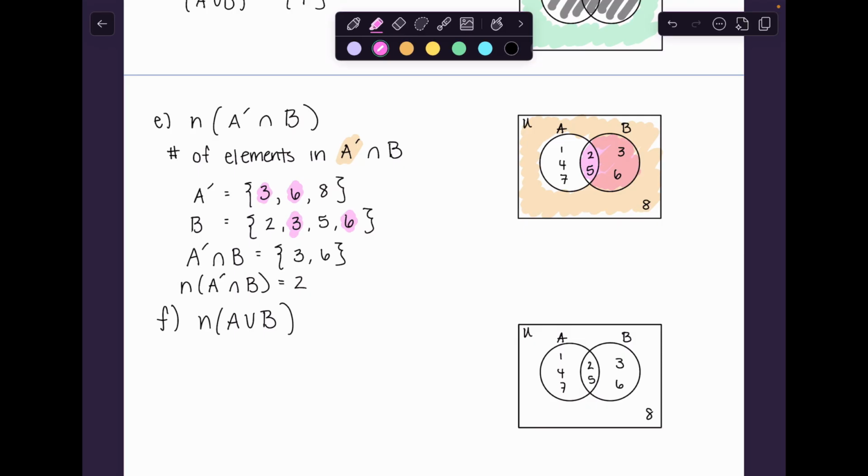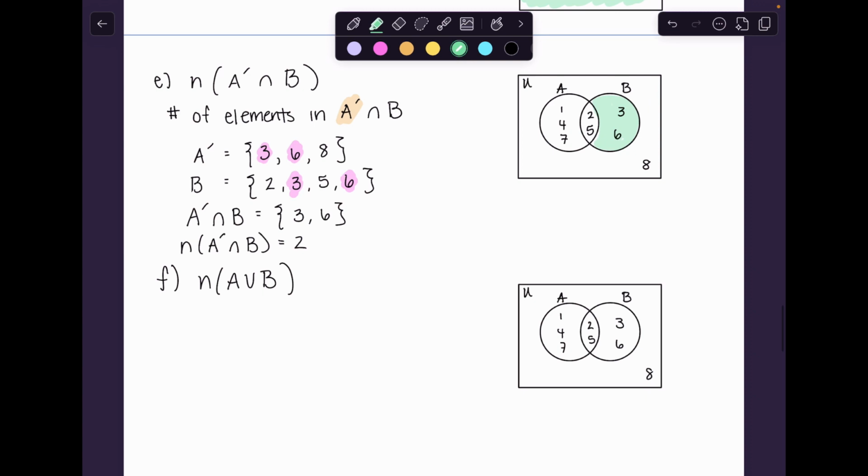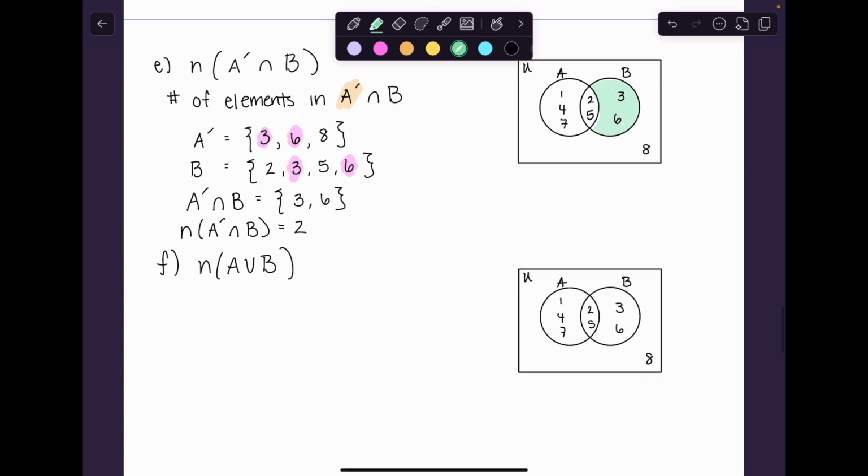Okay. When I want the intersection, I'm looking for where the shading overlaps. So in that case, the overlapping shading is just the section that is unique to B. So it is just the numbers 3 and 6. Okay. Let's try one more of these.